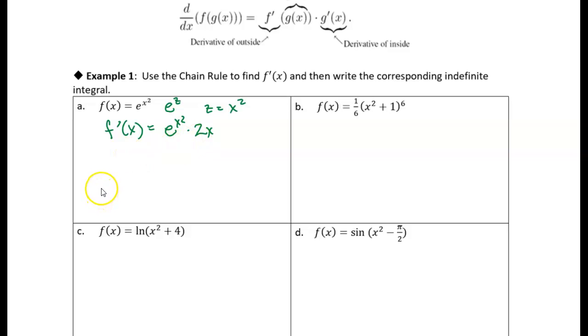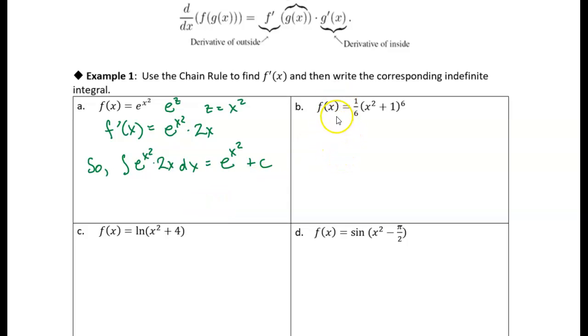So if we want to write the corresponding indefinite integral, we're going to write the integral of this derivative: the integral of e to the x squared times 2x dx is equal to e to the x squared plus c. Because we know that if we take the derivative of e to the x squared plus c, we would get e to the x squared times 2x. All right, let's take a look at another one.